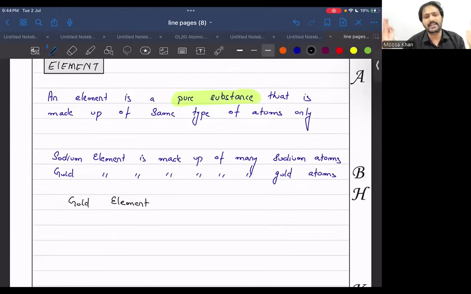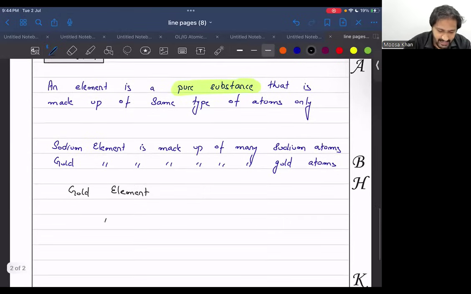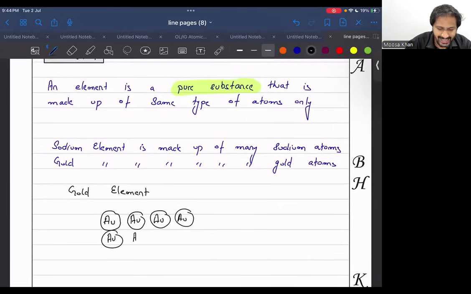They are all identical to each other. And a gold atom is represented by the symbol Au. So if we place many gold atoms in one place, that would make up your gold element. अगर आप बहुत सारे गोल्ड के एटम्स एक जगह पे एक साथ रख देंगे तो वो क्या बन जाएगा? गोल्ड एलिमेंट. So can you split this gold element?